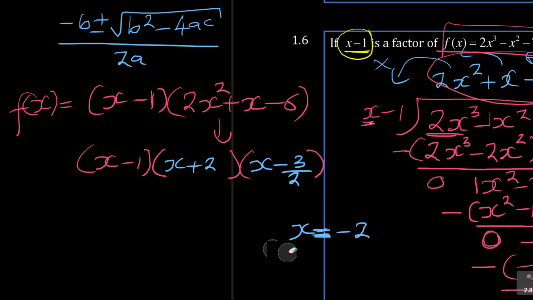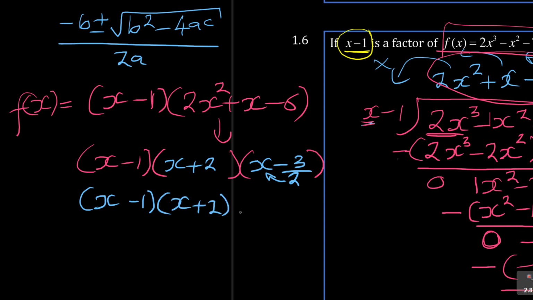Then from here, you don't leave it like this. That 2 comes there. So you get x minus 1, you've got your x plus 2, and then the last one, we've got 2x minus 3.